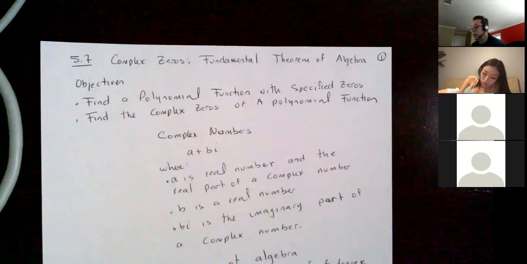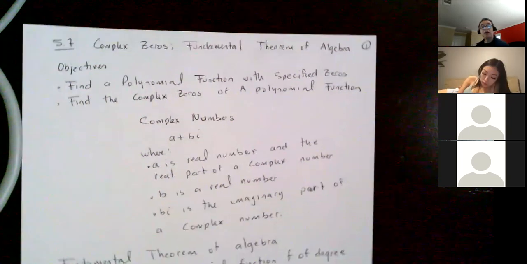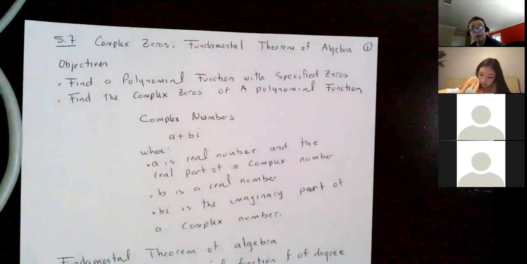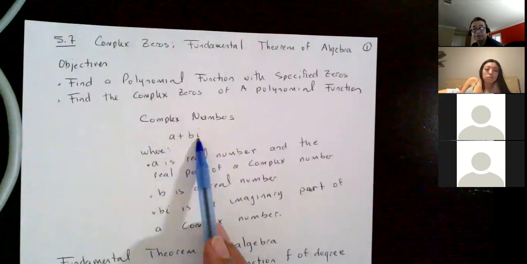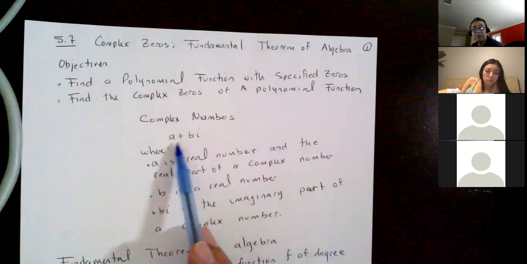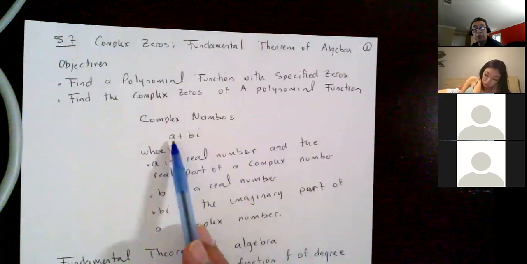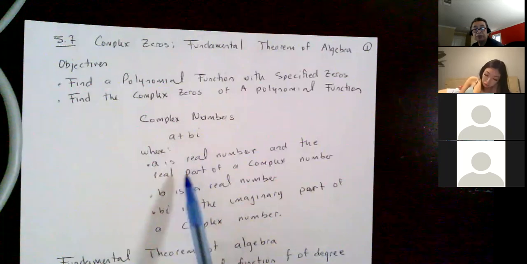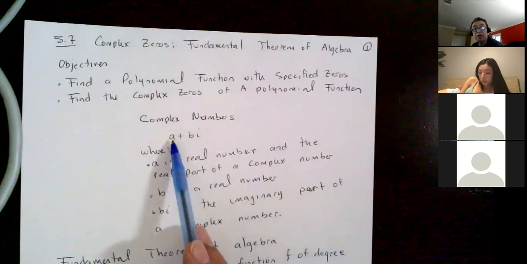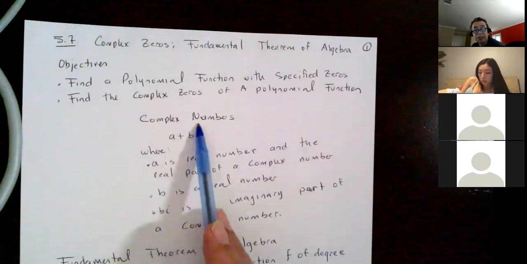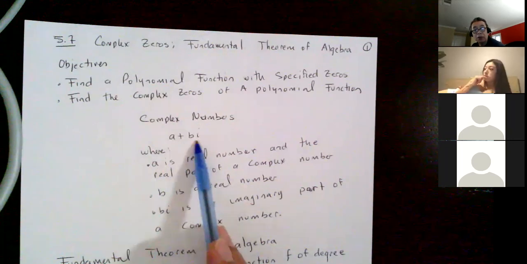All right. Let's review what a complex number is. What is a complex number? Well, a complex number is a number of the form a plus bi, where a and b are real numbers, by the way. a is the real part of the complex number and bi is the imaginary part of the complex number.